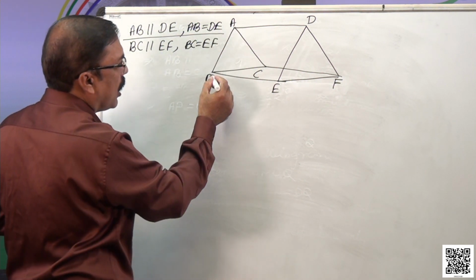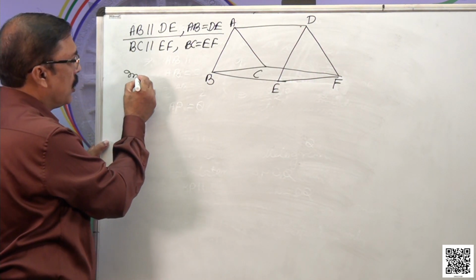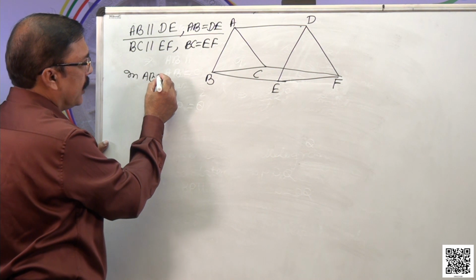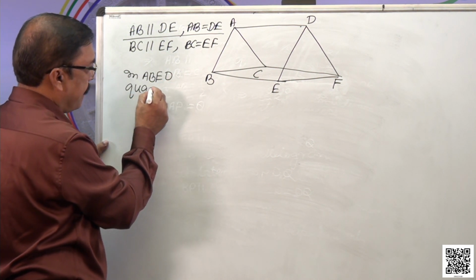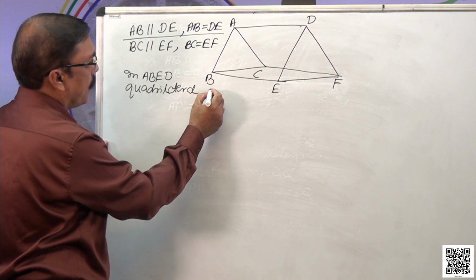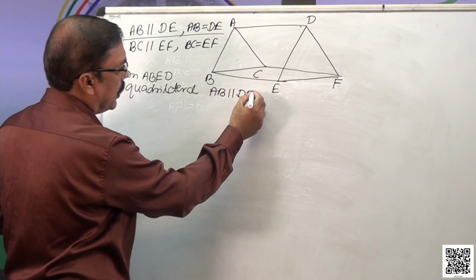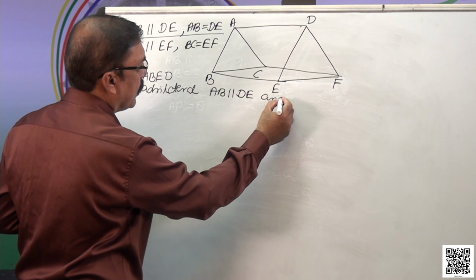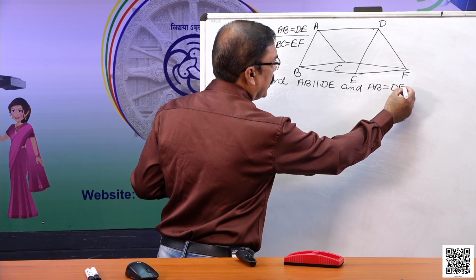This constitutes quadrilateral ABED. So in quadrilateral ABED, AB is parallel to DE and AB is equal to DE.